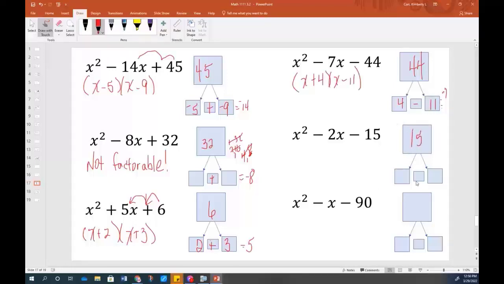Next: multiplies to 15 but subtracts to equal negative 2. 3 times 5, but if I put 3 minus 5, I do get the negative 2. The order makes a difference, though. If you put 5 minus 3, it may multiply to the right thing, but you're not going to get the right difference.